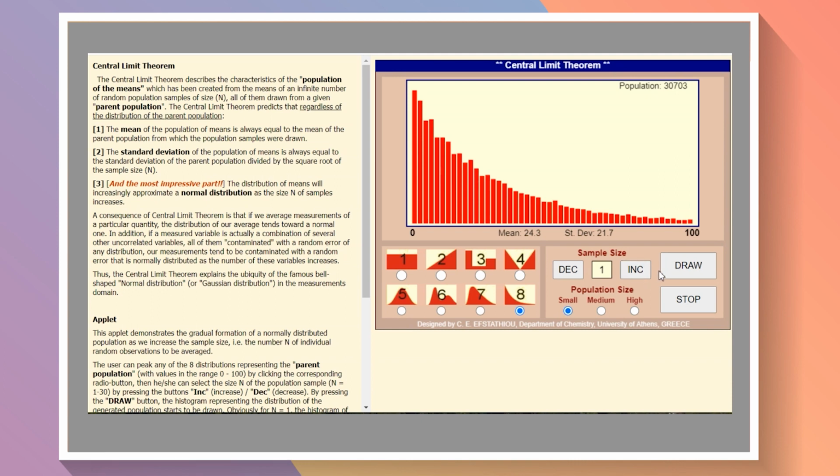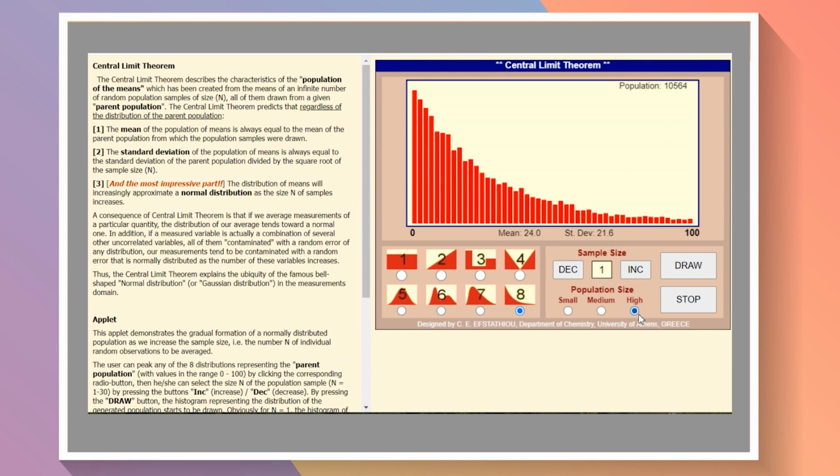With the small population size, taking one sample and drawing, the same shape as the parent population is generated, and the mean is 24 and the standard deviation is 21.6, which is more or less the same.